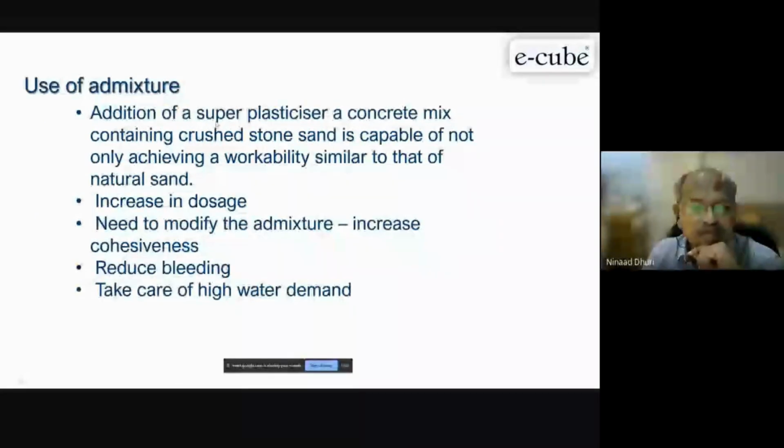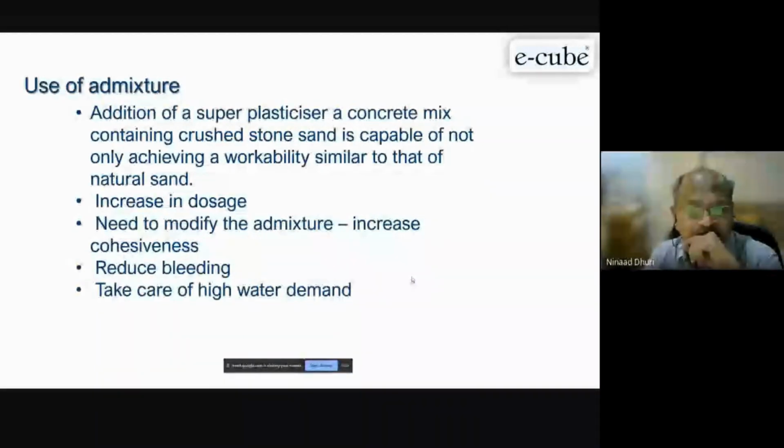Same again: use proper admixture and increase the dosage, because when water demand increases, you may require more admixture. We need to modify to increase cohesiveness, because some admixtures contain polymers, which give very good cohesiveness in addition to water reduction.